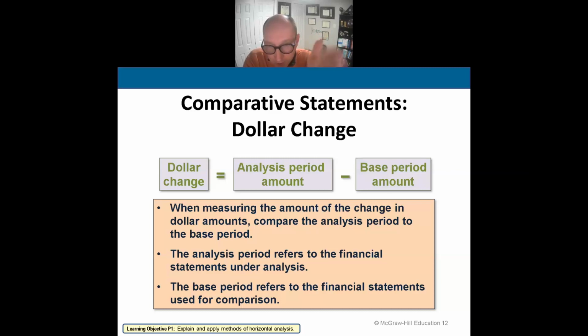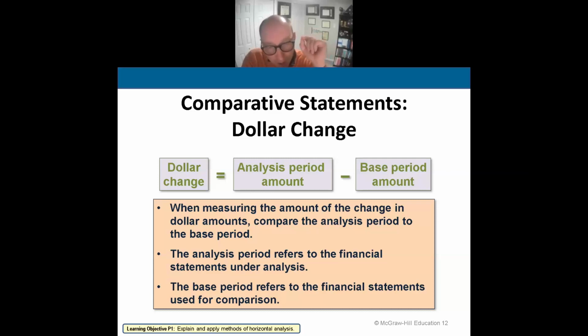If I'm looking at 2022, I need to compare that to 2021. So 2021 will be my base period. My base amount is 2021. So I take my 2022 dollar amounts and I subtract my 2021 dollar amounts from them.